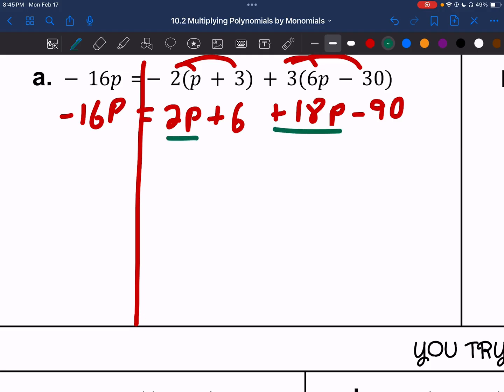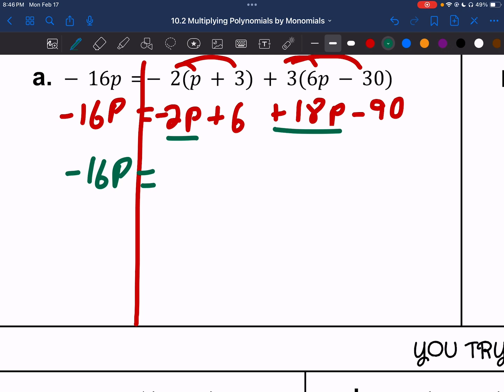2p plus 18p is going to be 20p, but it should have been negative 2p. So that would actually be an 18, eraser.